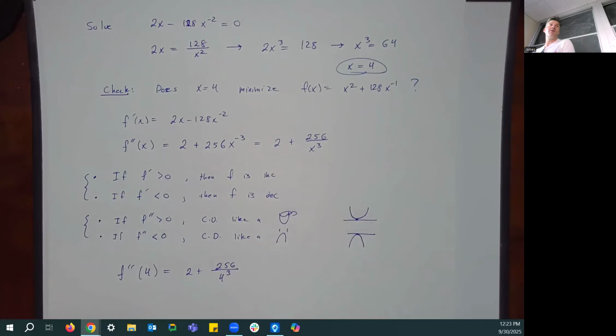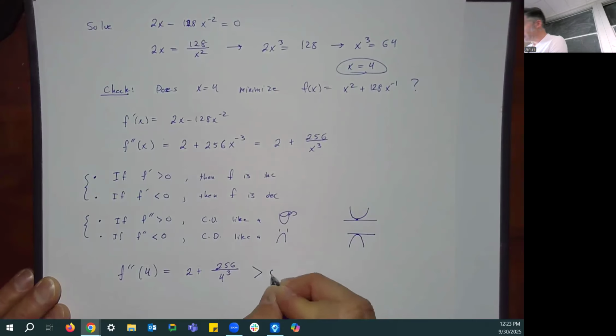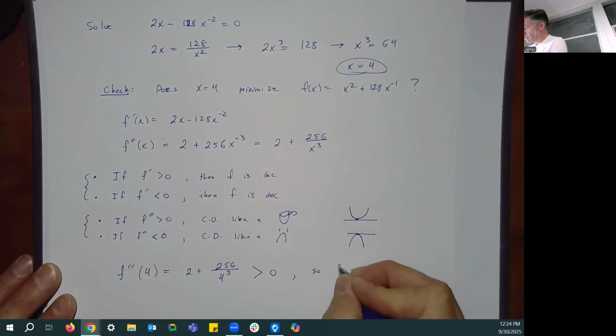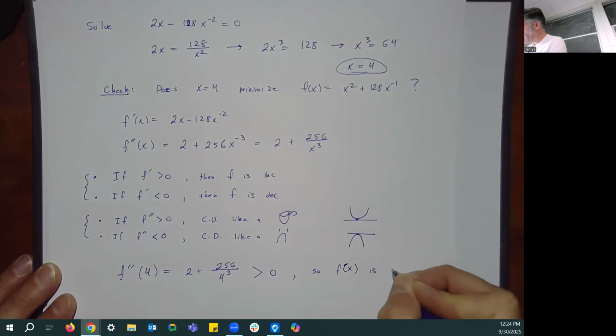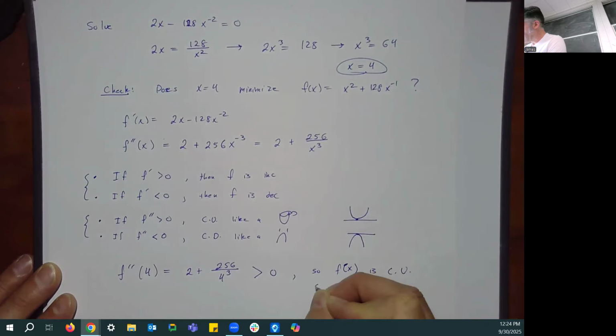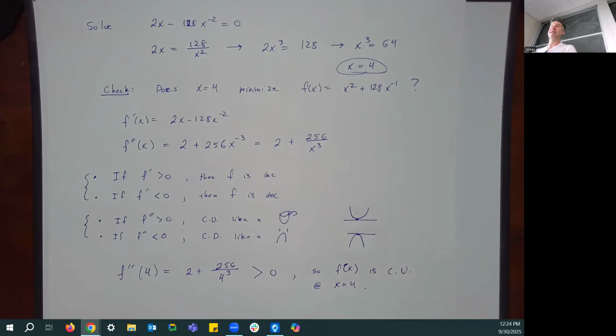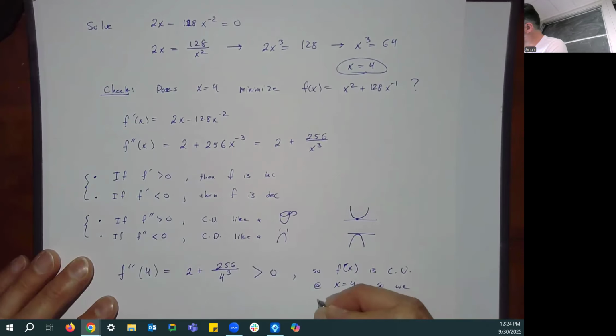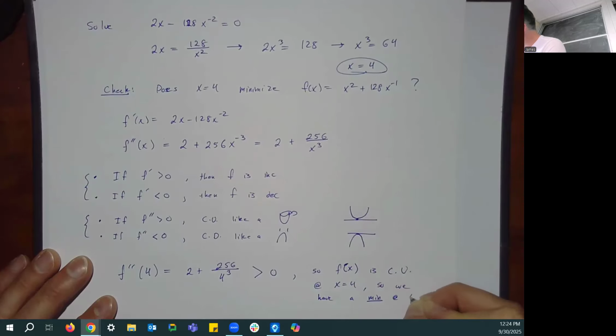This is certainly going to be positive, which means our function f of x is concave up at x equal to 4, which means we do indeed have a minimum at x equal to 4. So we have a minimum at x equal to 4 feet.